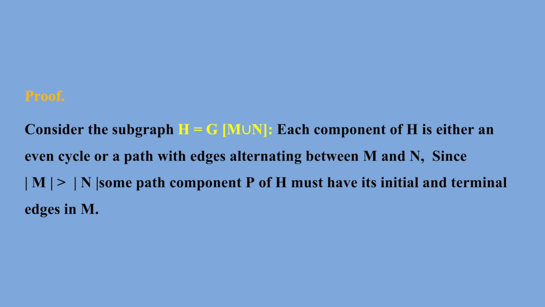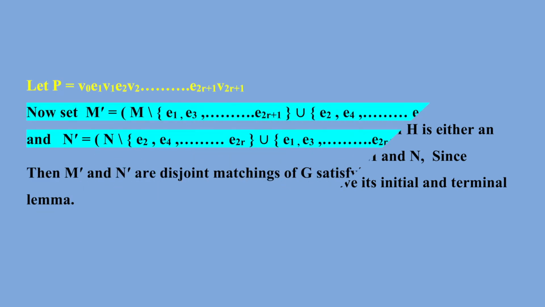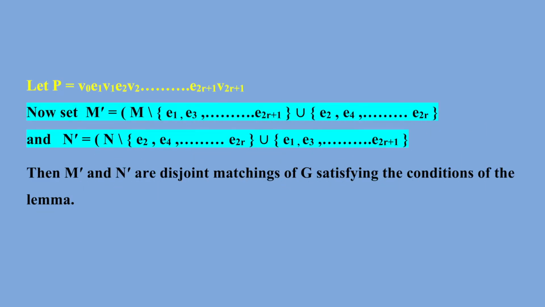Consider the subgraph H equal to G of M union N. Then each component of H is either an even cycle or a path with edges alternating between M and N. Since cardinality of M is greater than cardinality of N, some path component P of H must have its initial and terminal edges in M. Let P be a path V0, E1, V1, E2, V2, etc., E2r plus 1, V2r plus 1.